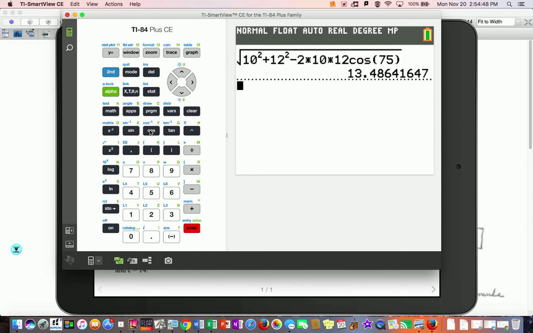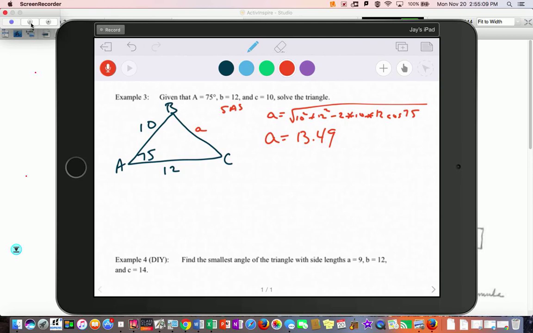So I'm getting about 13.49. So that little side A is 13.49.